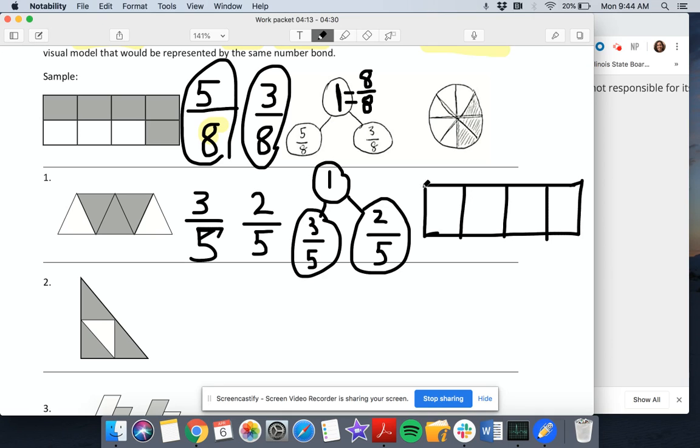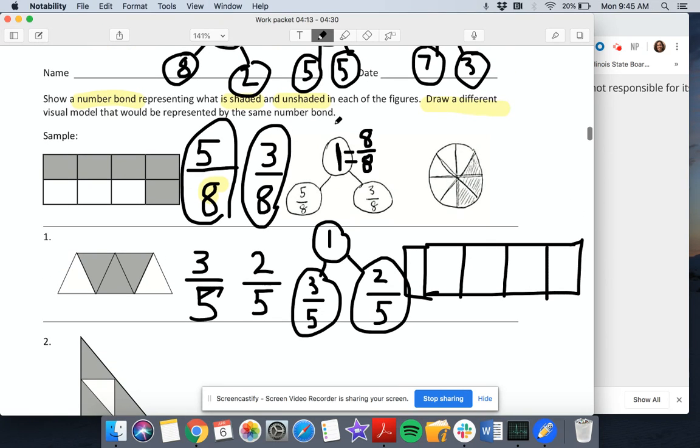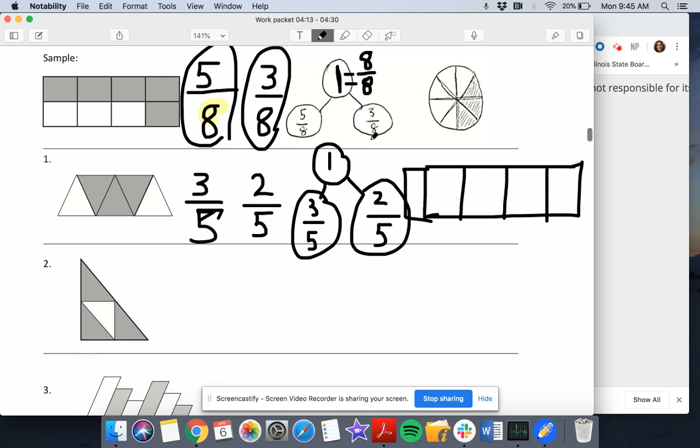So I have, let's do this, 1, 2, 3, 4, 5 boxes. I'm just drawing a different visual model. And 3 are shaded. 1, 2, 3. So this other visual model represents the same thing as this visual model.